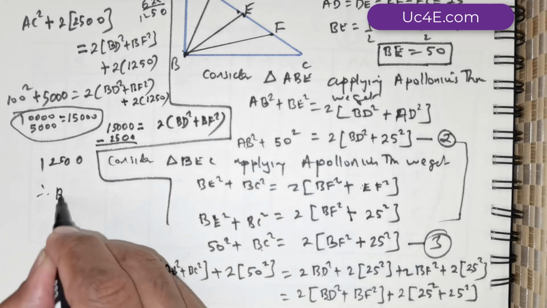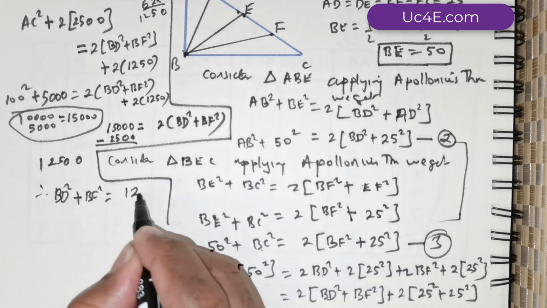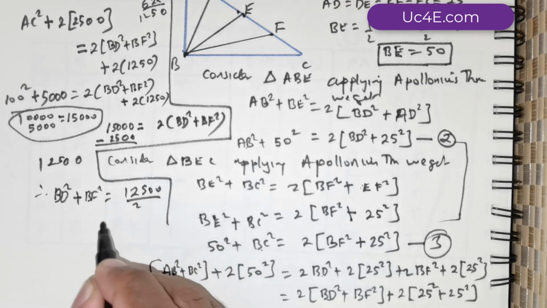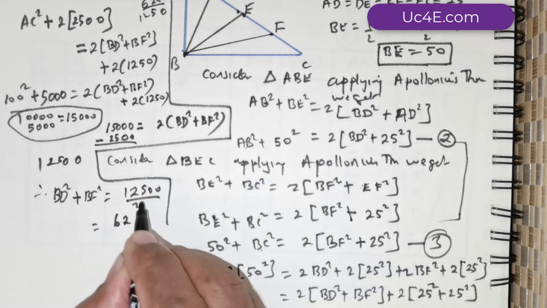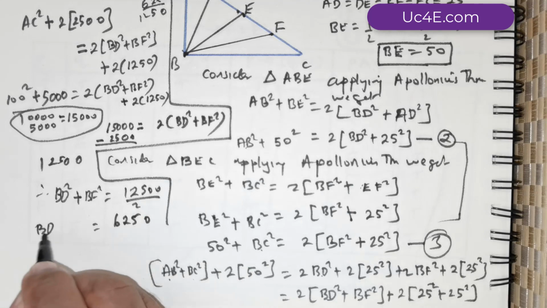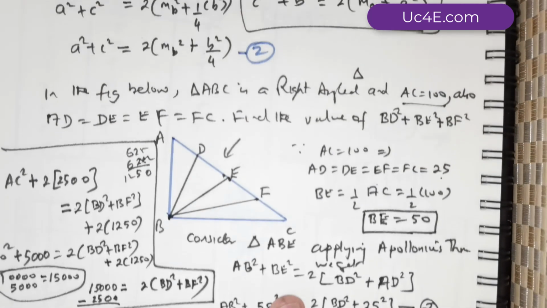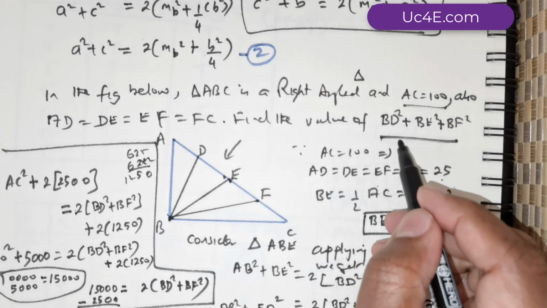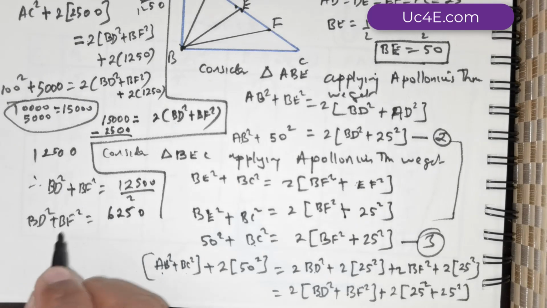So therefore BD squared plus BF squared is equal to 12500 divided by 2, which is nothing but 6250. So this is what you get for BD squared plus BF squared. But what do you need? They're asking us to find BD squared plus BF squared plus BE squared. So you add BE squared here.